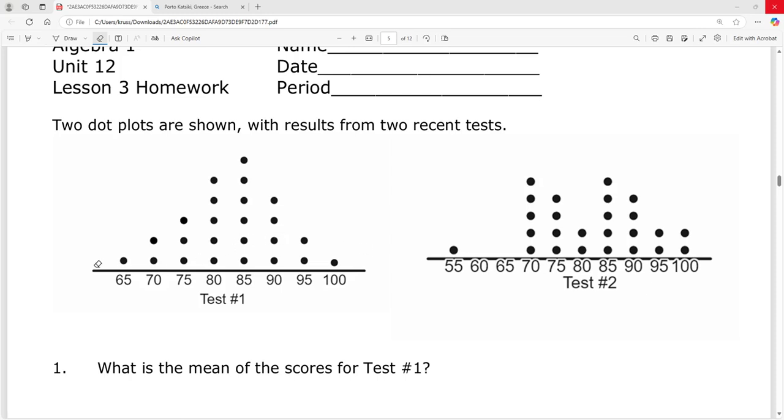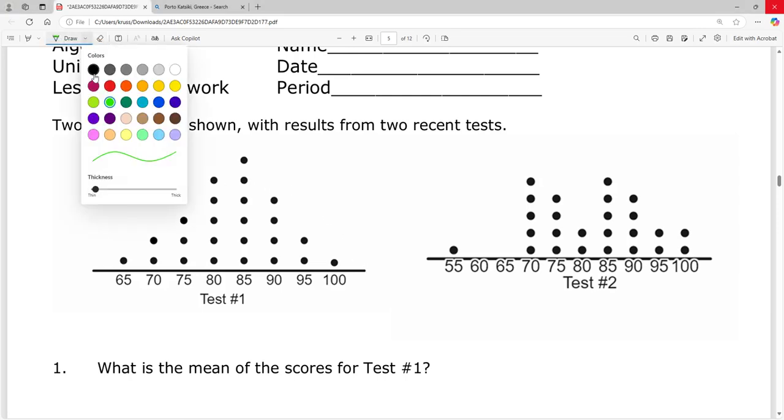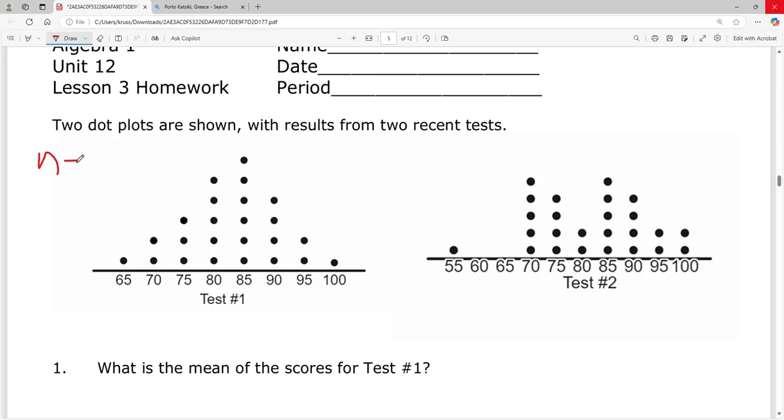All right, so first things first, let's figure out the median of data set one, or test one. And the way I'm going to do this, how many do I have? 1, 2, 3, 4, 5, 6, 7, 8, 9, 10, 11, 12, 13, 14, 15, 16, 17, 18, 19, 20, 24. So n equals 24 for this one.